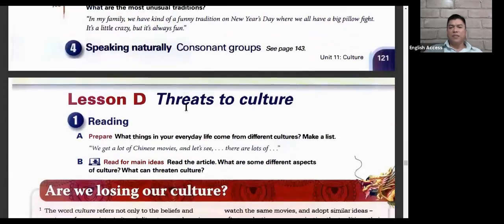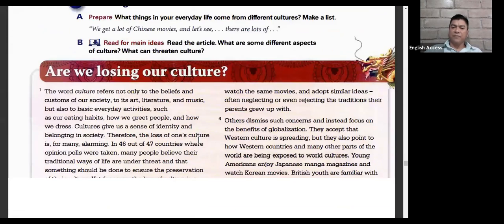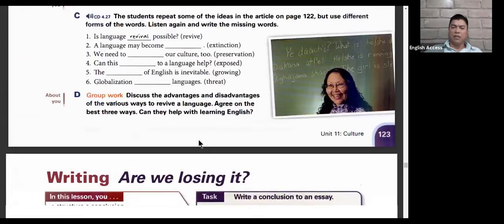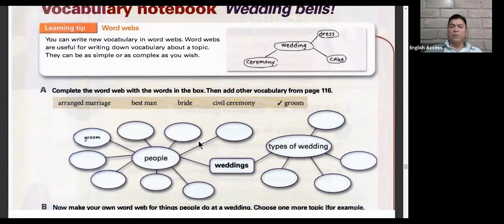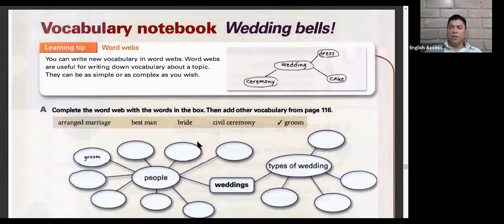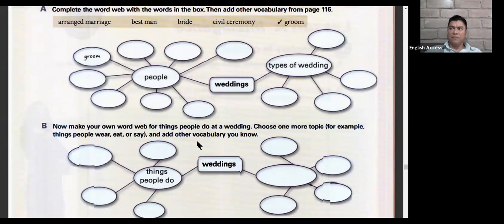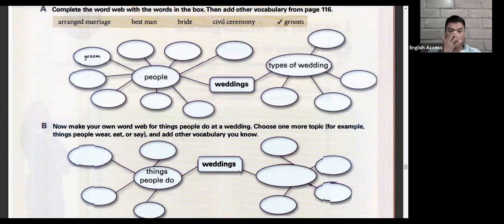So we finished all this, and then we went for lesson D, threats to culture. We saw vocabulary, a listening activity, and a writing piece. And then we have the vocabulary notebook. Did we finish this? I think yes. Let's see.